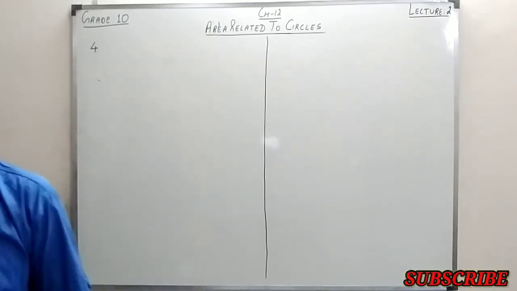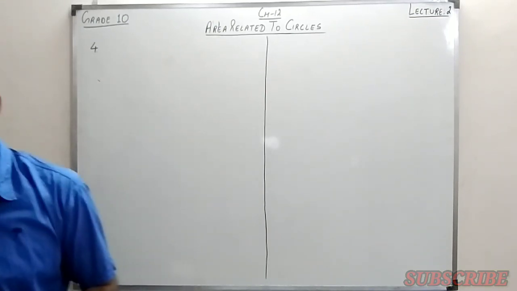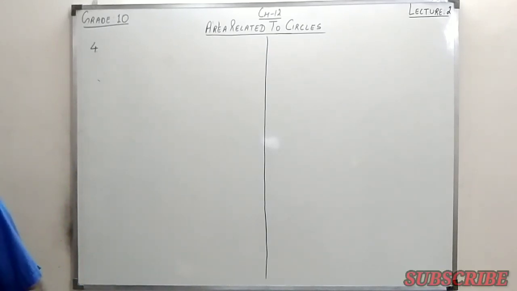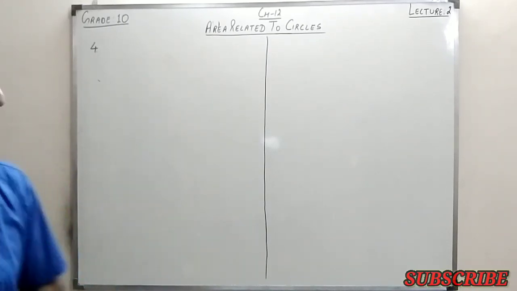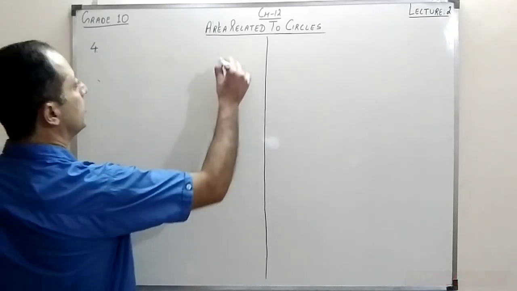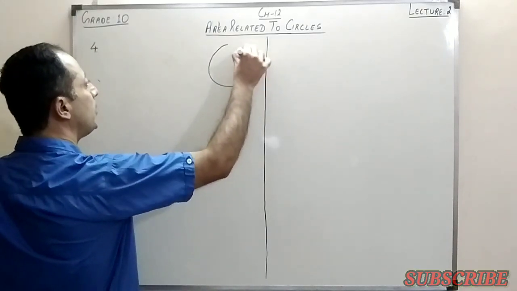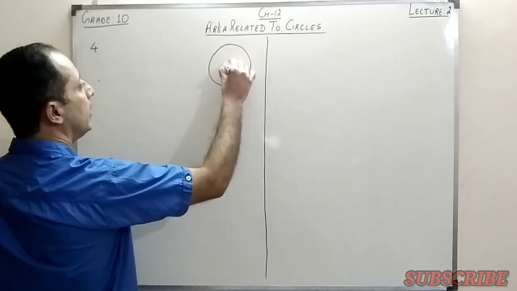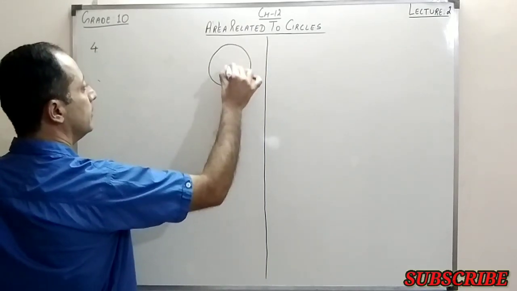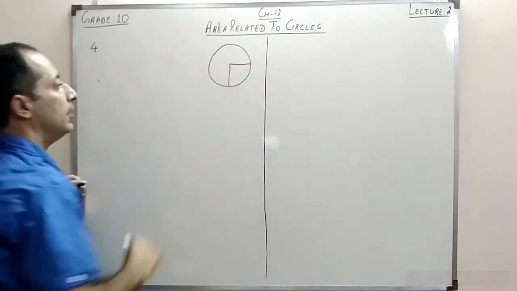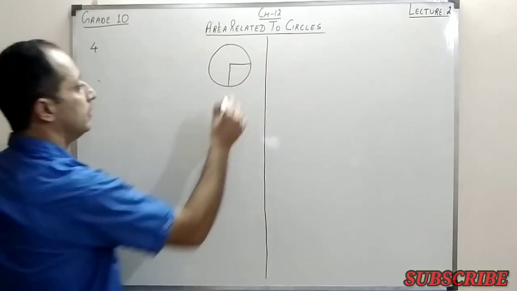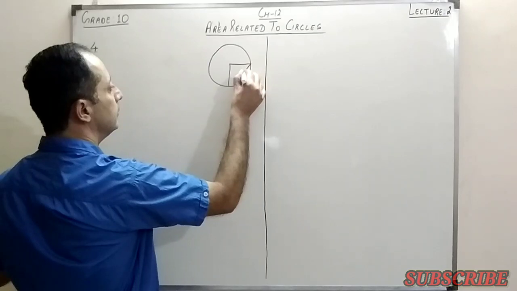Now in question number 4 it is given a chord of a circle of radius 10 centimeter subtends a right angle at the center. So it's very important to draw the diagram here because it makes it more clear from the diagram what we actually have to do and what we have to find. Now, they say there is a chord, so we have a chord here.